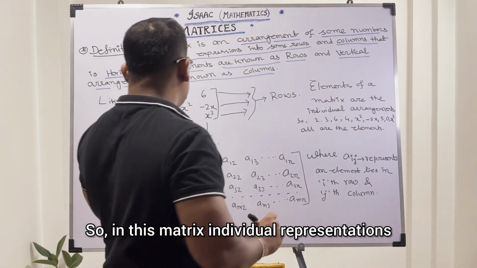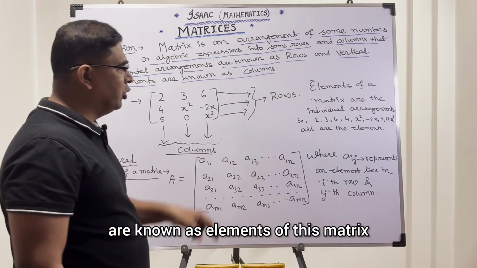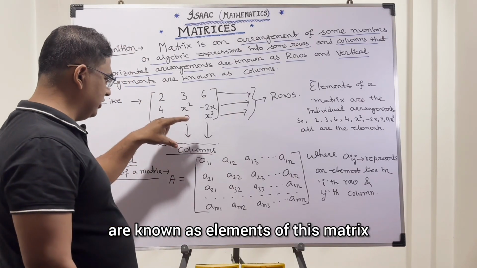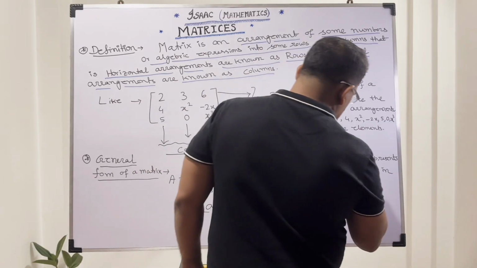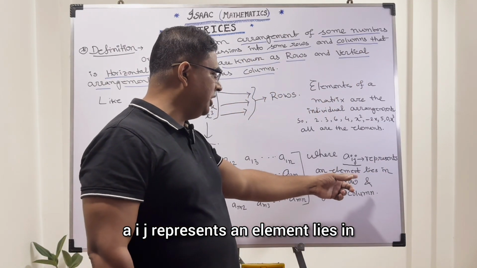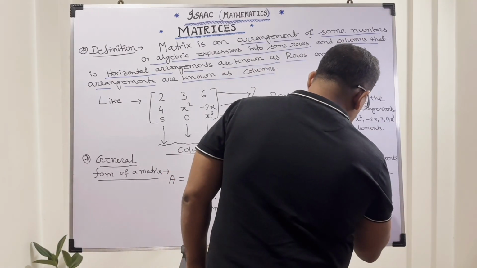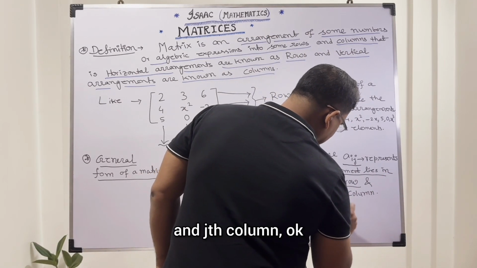Okay. So in this matrix, individual representations are known as elements of this matrix. So in the general form, Aij represents an element that lies in the ith row and jth column.